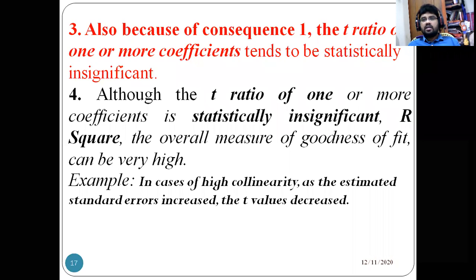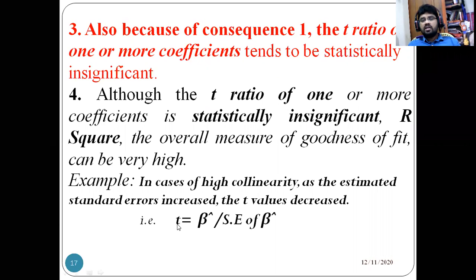That is the main thing we need to check. So how can we check the t value? The t is equal to the estimated beta hat divided by the standard error of beta hat. So that we can calculate the t values.